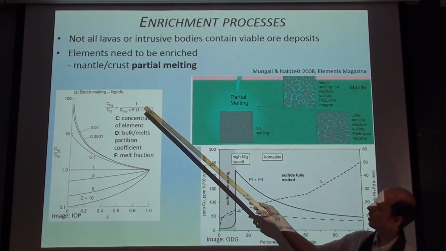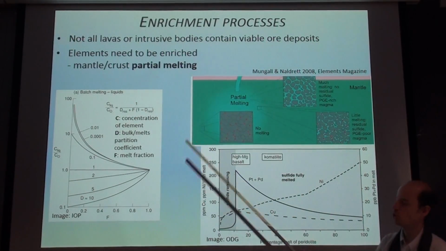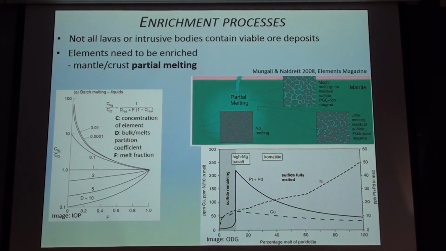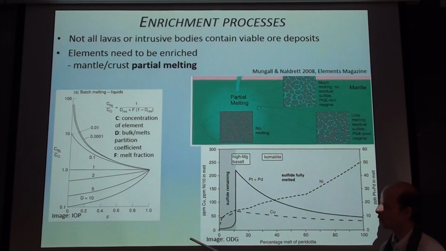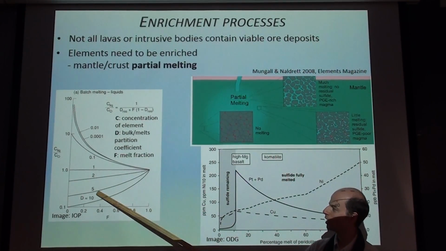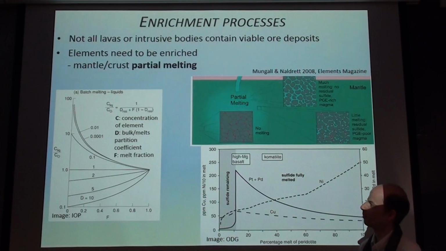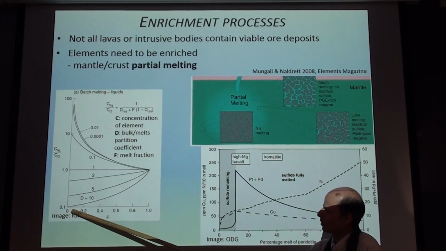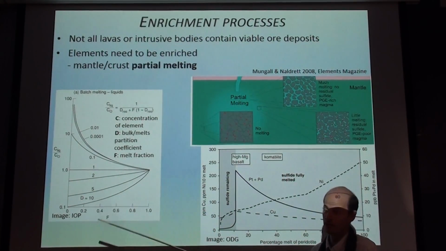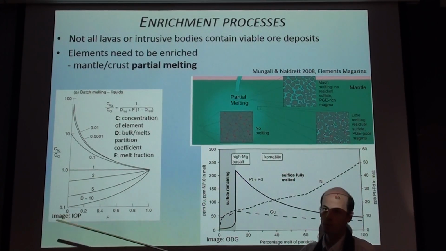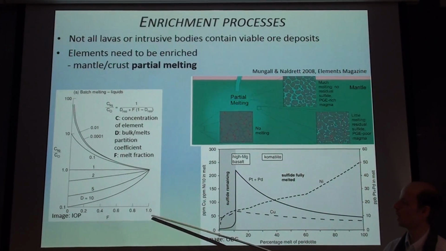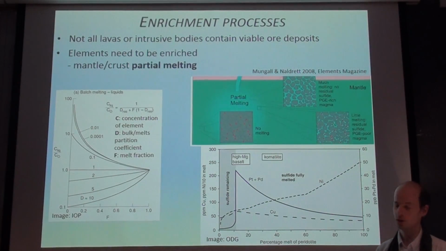So this is the equation for batch melting, and you don't need to worry about knowing that equation by heart. But it would be good if you would become familiar with the effect of changing parameters on the results. On the horizontal axis, we've got F, which is the melt fraction. So 0 would be a solid peridotite, and 1 would be basically the fully molten peridotite.